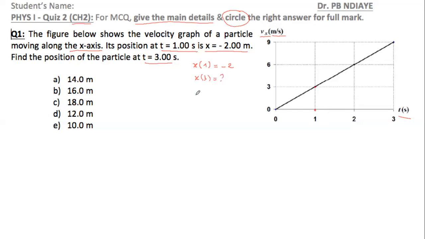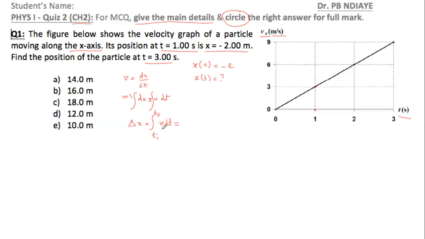Okay, great. So you remember that the velocity is a derivative of position with respect to time. This means that dx is v dt. That means if I integrate, I will have delta x, of course, is the integral between t initial and t final of v dt.